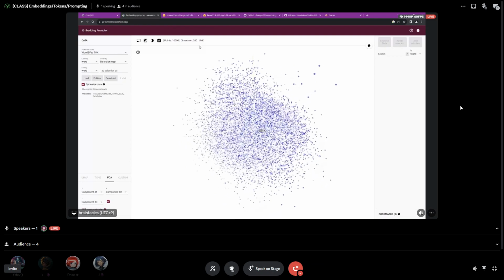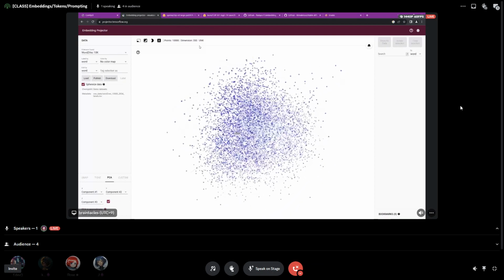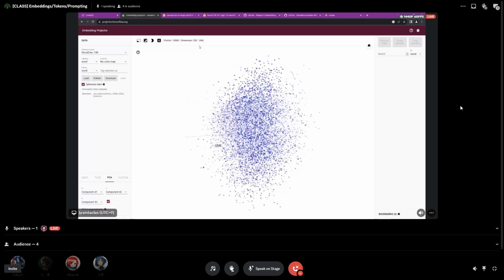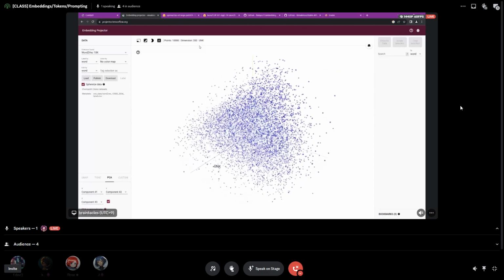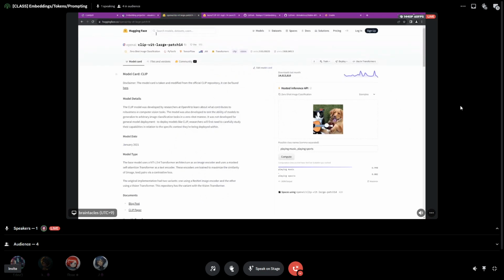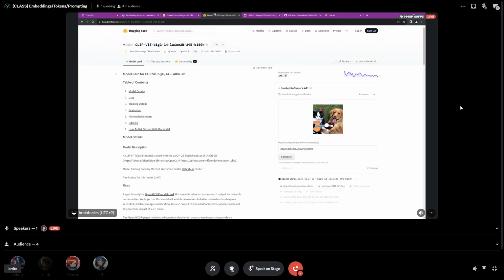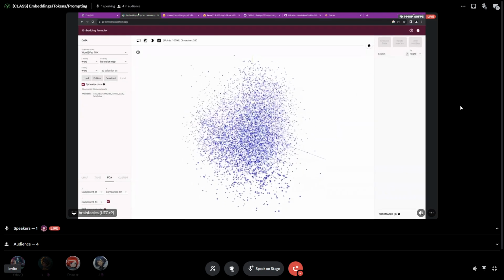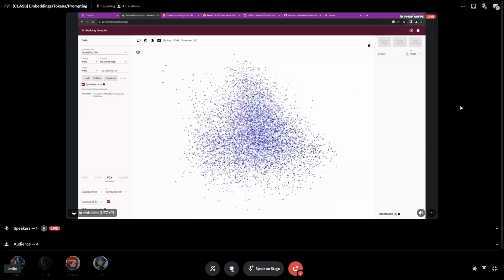In this case, what you're seeing on my screen right now is 3 dimensions, but the clip L, or the clip for SD 1.5, has 768 dimensions, and clip G, the new one with SDXL, has 1280 dimensions.